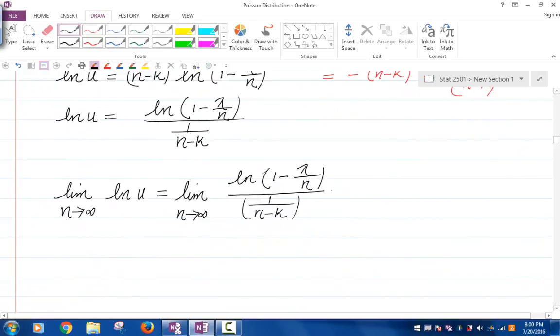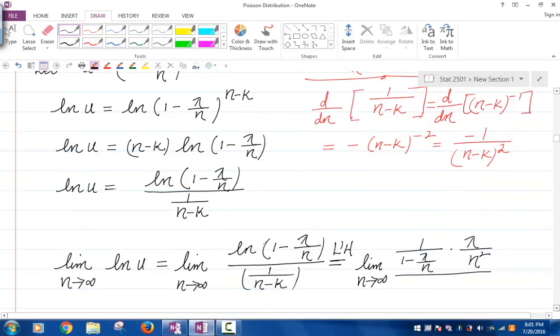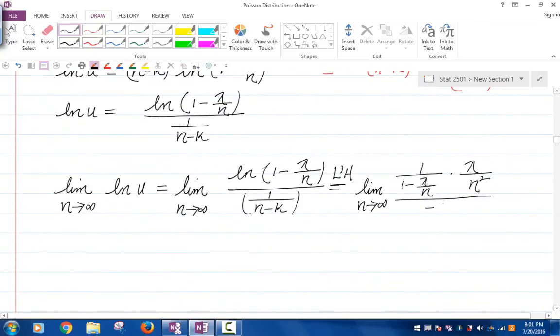By L'Hopital's rule, this is the limit as n goes to infinity of 1 over 1 minus lambda over n times lambda over n squared, divided by negative 1 over n minus k squared.